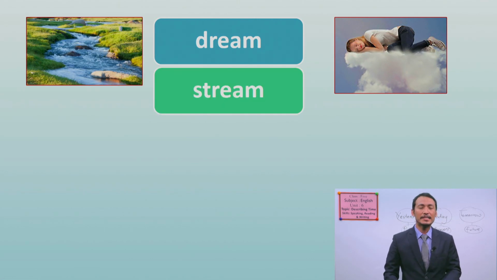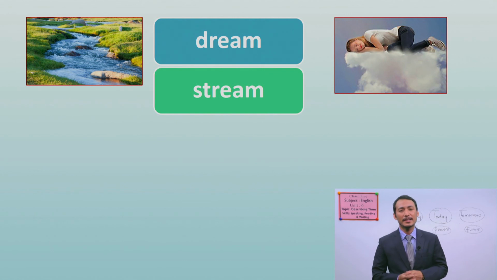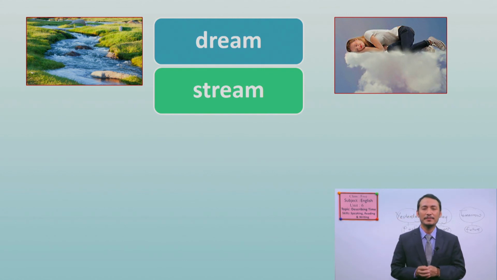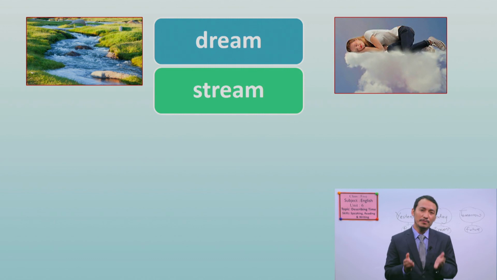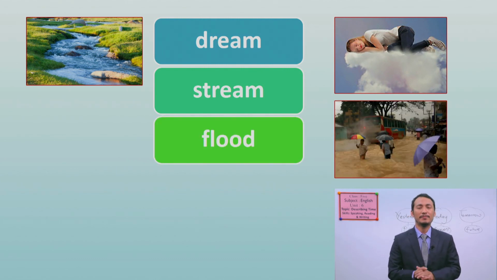Another word is stream. Stream means a kind of small river. There you see water flowing, right? And another word we have there is flood.